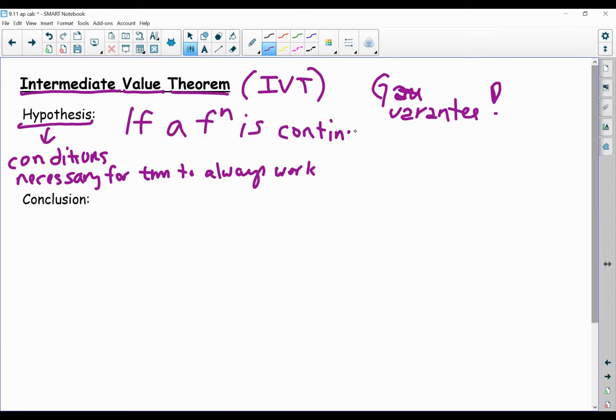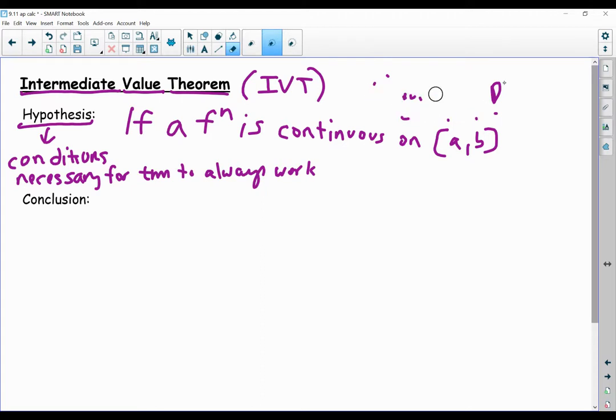Is continuous on A to B. So that really just means a closed domain. Okay, so if a function is continuous on a closed domain, so that's a condition that has to be true. We have to have a continuous function and it has to have endpoints. So if you want to make yourself a note that this means closed domain.